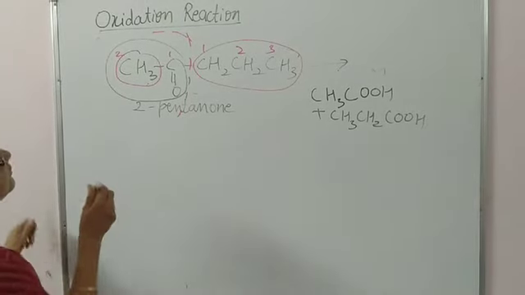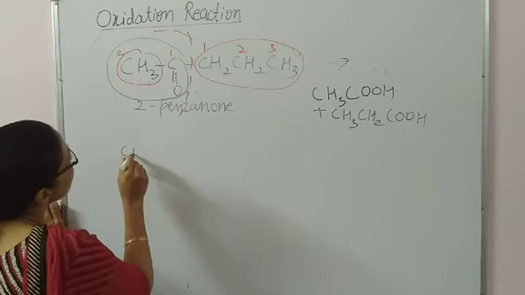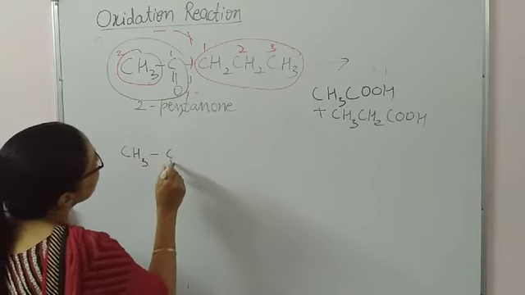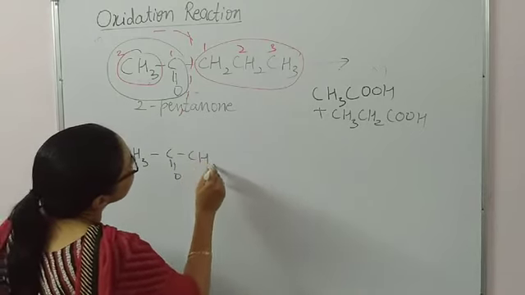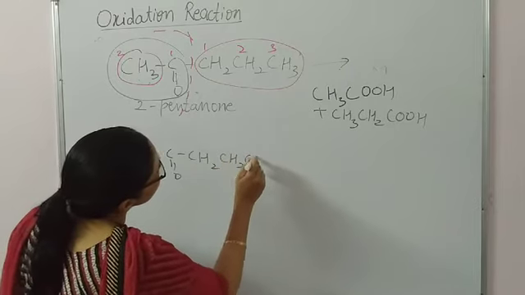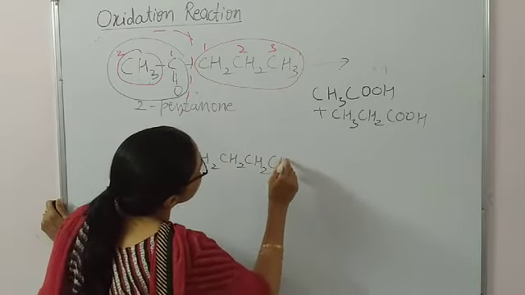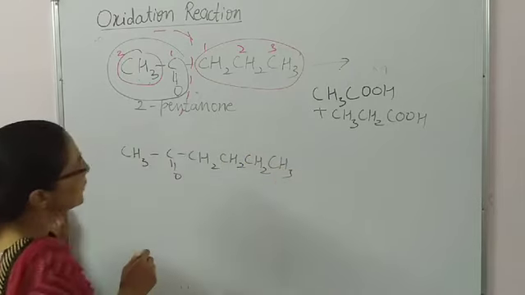Suppose CH3COCH2CH2CH2CH3. This one is 2-hexanone.